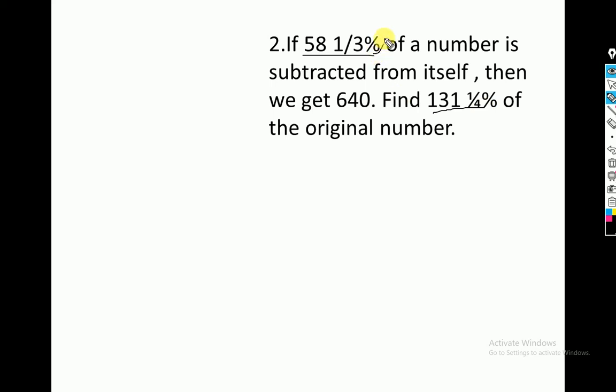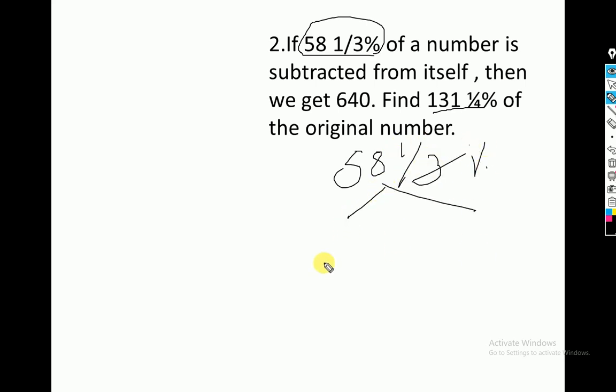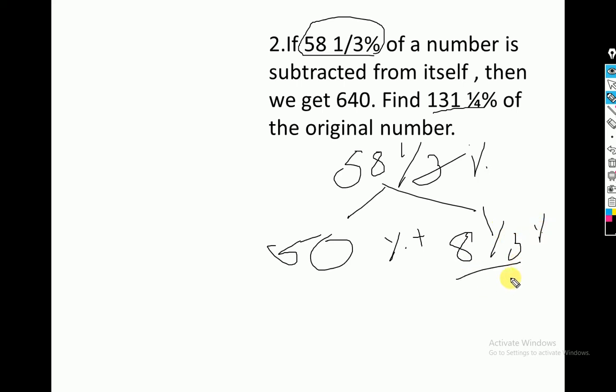Okay, 58 1 by 3 percentage. How can we break it? We can break it easily as 50% and 8 1 by 3 percentage. This 8 1 by 3% is nothing but 8.33%.